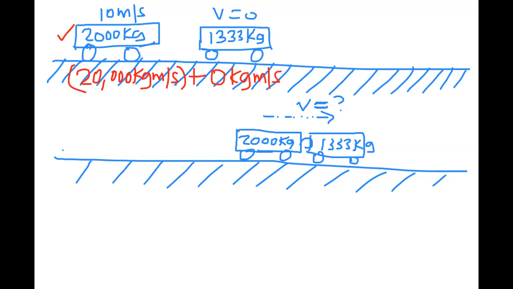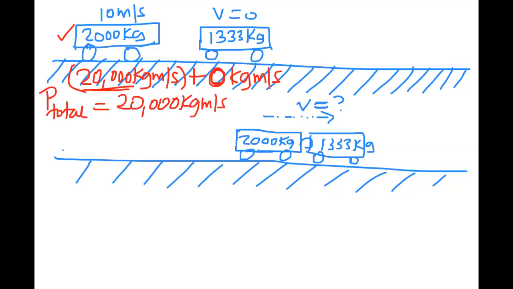This became 20,000 because 2,000 times 10 is 20,000. This is 0 because 1,333 times 0 is 0. So that will be the momentum before collision. And the P total comes out easily to be 20,000 kilogram meters per second.